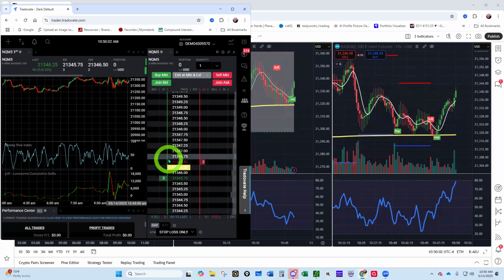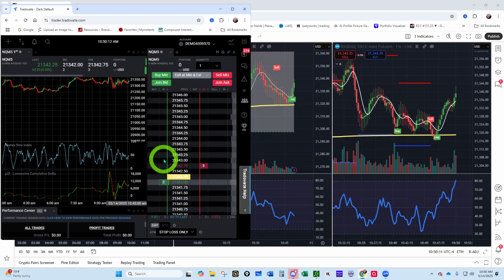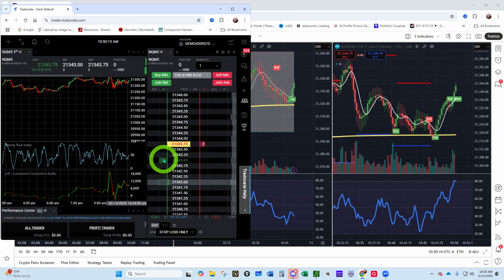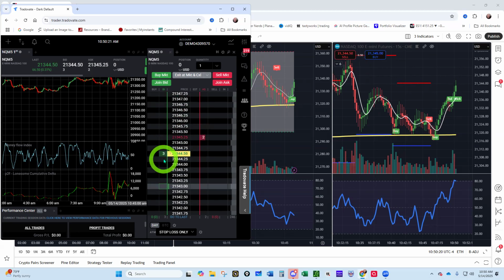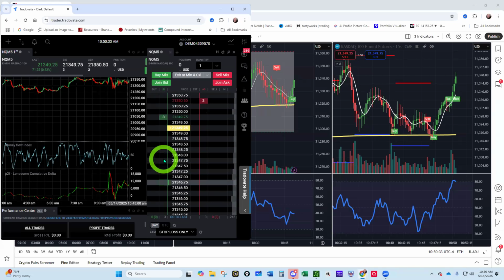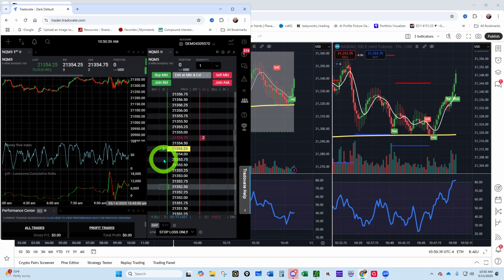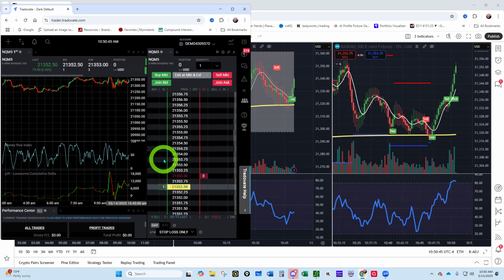No. So I front ran that one a nickel above the VWAP for what would have been a $60 scalp.